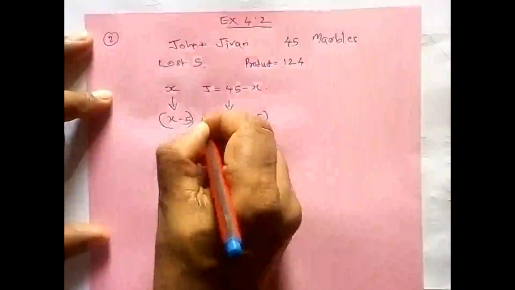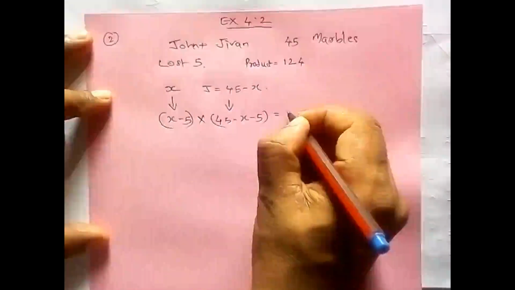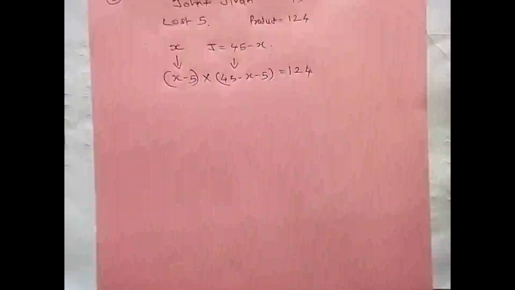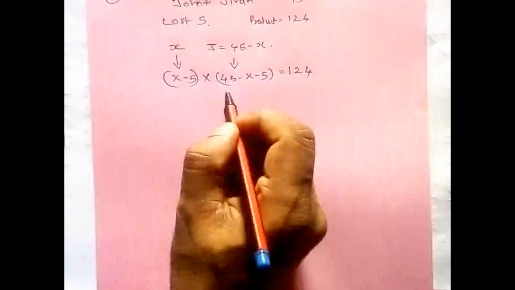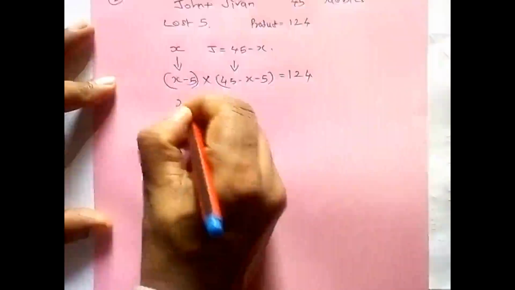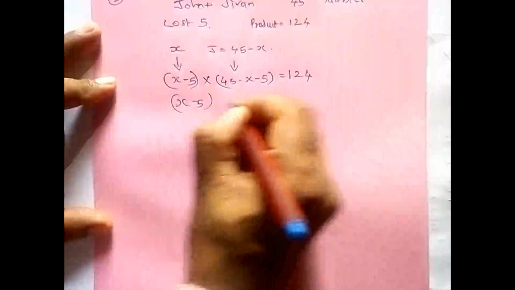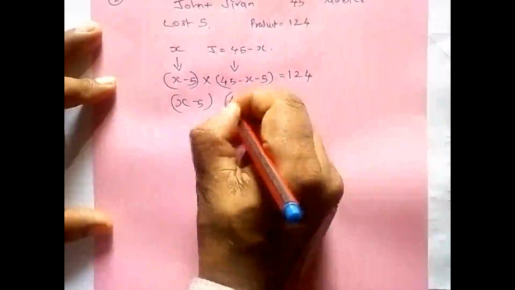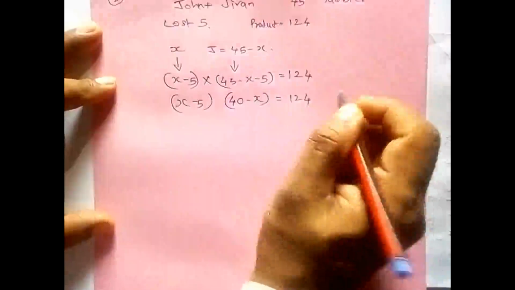The product of these two is given as 124. So x minus 5 into 40 minus x is equal to 124.